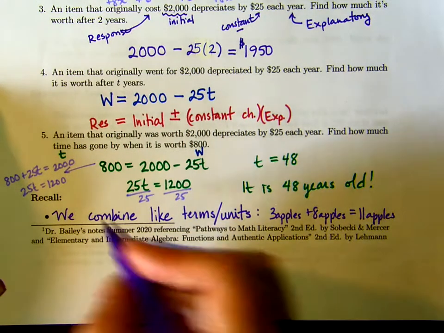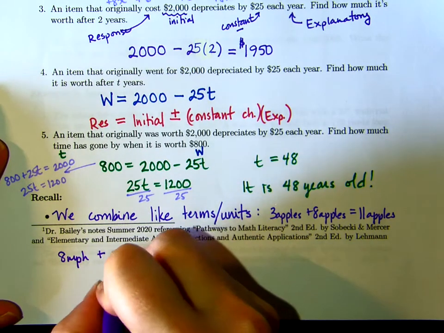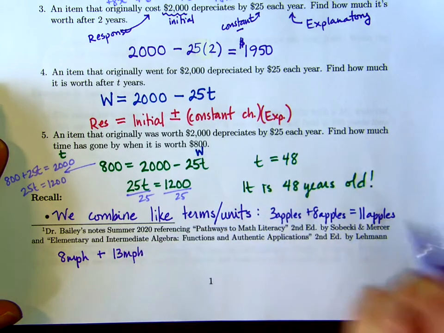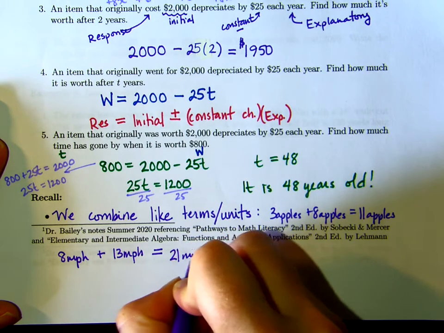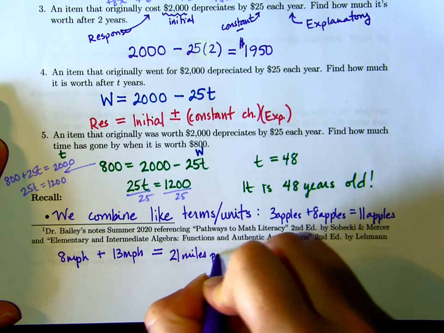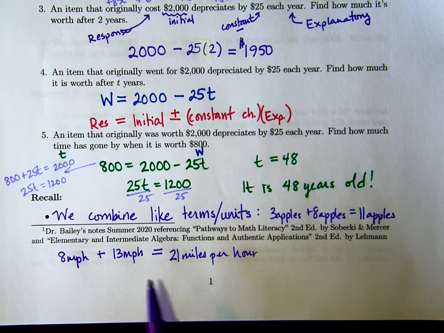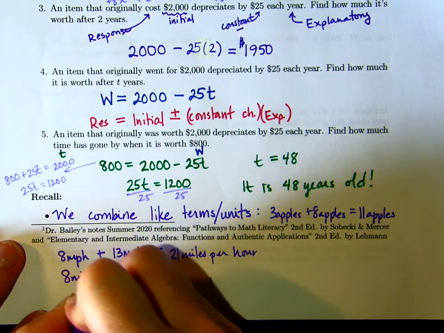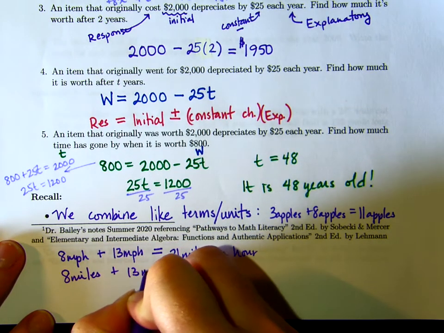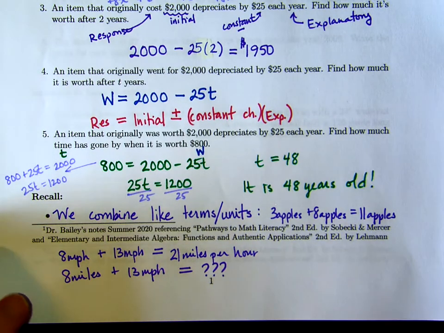And let's suppose we're going 8 miles per hour and we increase that by 13 miles an hour, then what is that, 21? We started at 8, we increased it by 13, now we're going 21 miles per hour. But if we had something like 8 miles plus 13 miles per hour, we would be like, what?